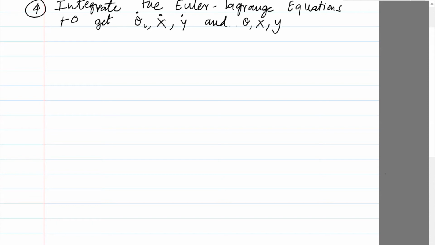So you can get the speeds, you can also get the position, and once you get the position, you can then animate it, because all the animations rely on getting the position.